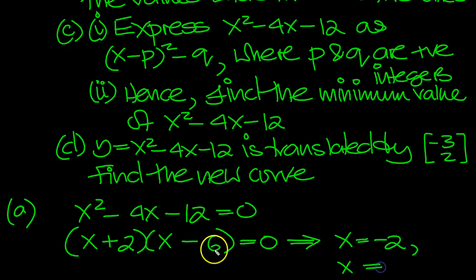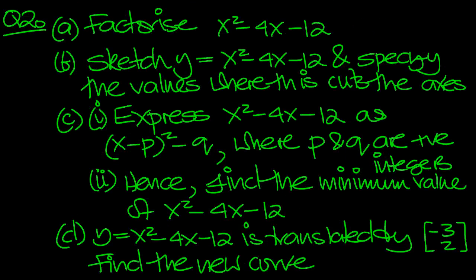X is equal to 6. So when we put minus 2 in here, we get 0 times something is 0. And when we put 6 in here, 6 minus 6 is 0. 0 times something is 0. Yeah, that's fine. X is minus 2 or x equals 6 are the roots.